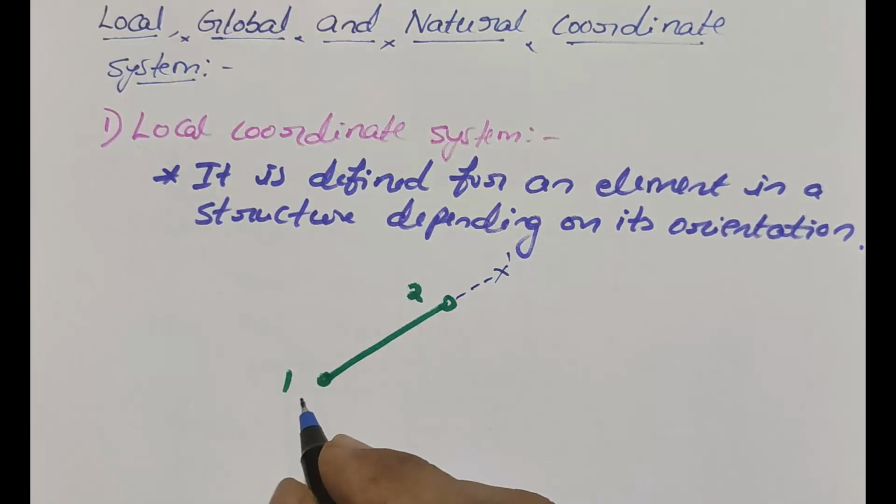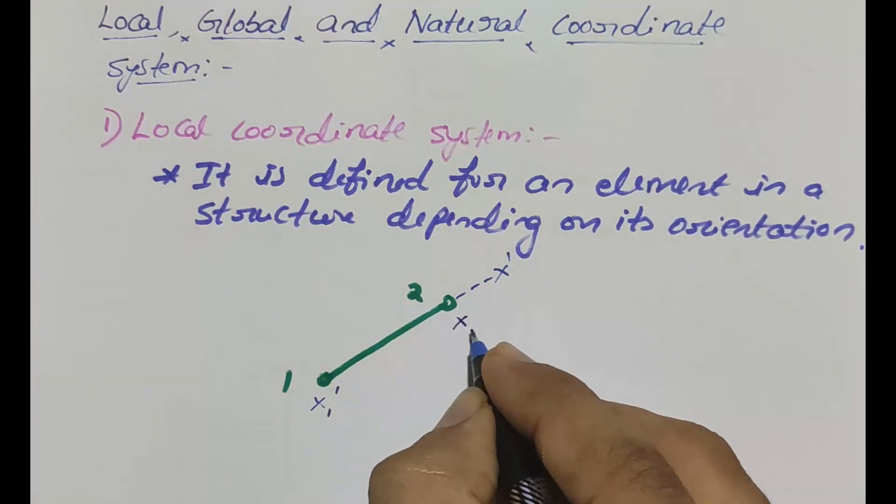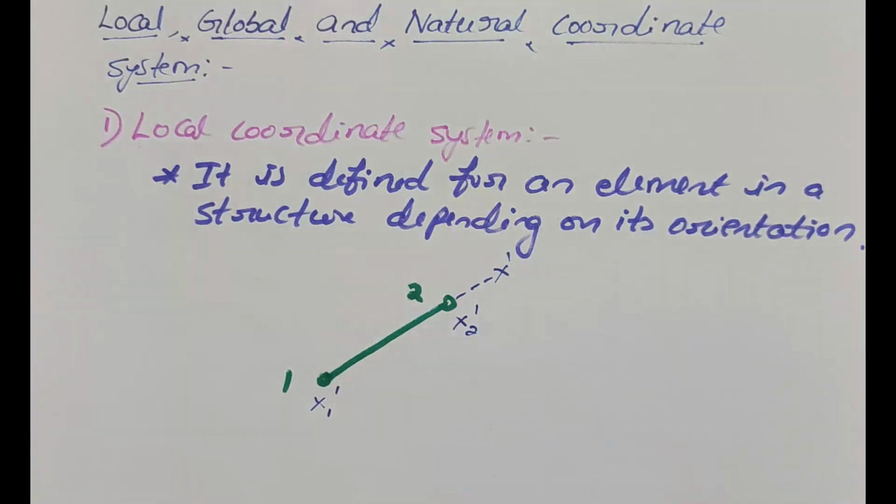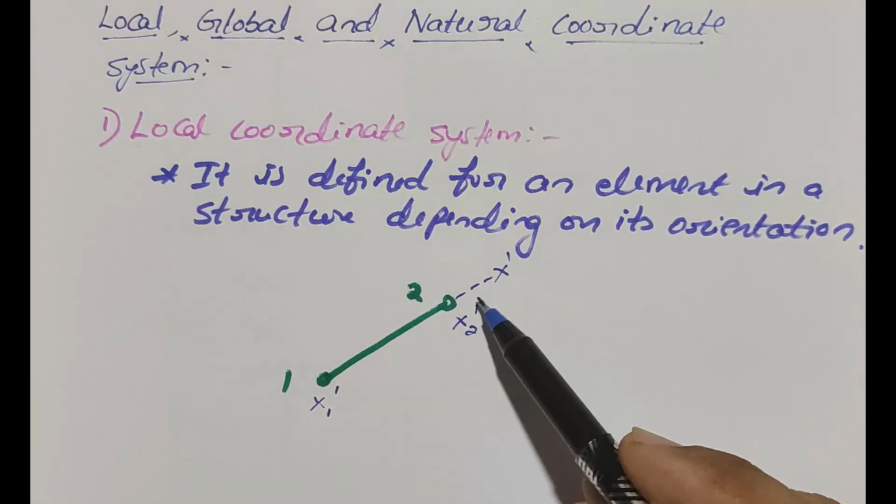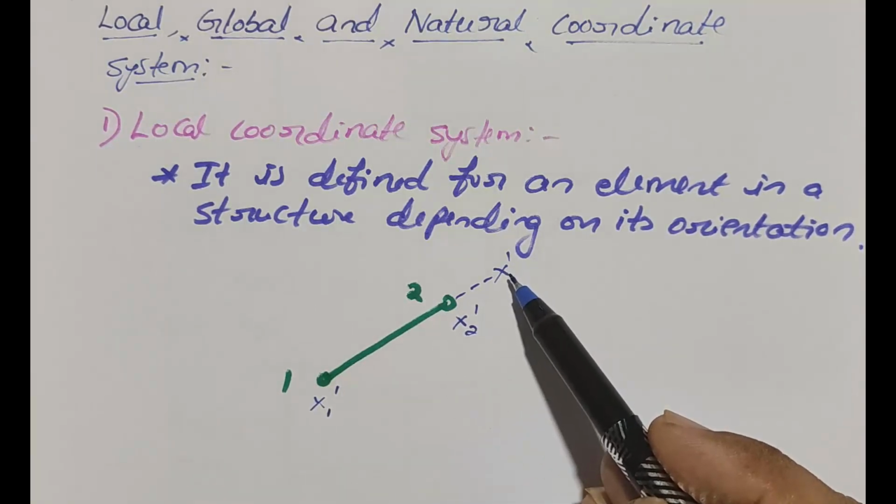Now here, for node 1, the coordinate will be x1 dash and for node 2, coordinate will be x2 dash. So remember now, the local coordinate system is defined for individual element in a structure depending on its orientation. If we consider an element like this made up of two nodes, x dash is the local coordinate.